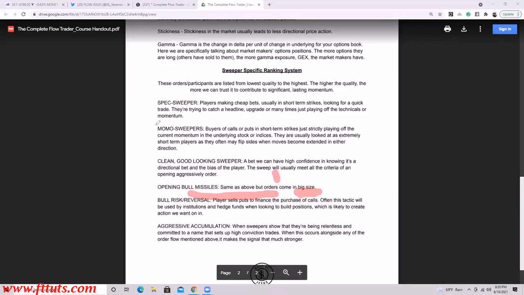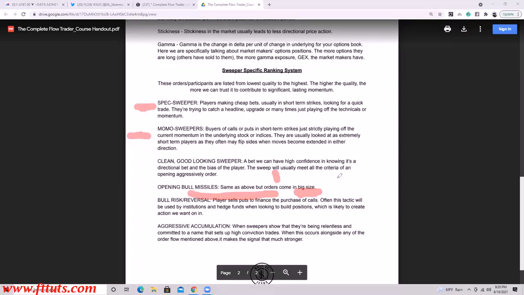So obviously they're not betting on any short-term news or momentum, right? It's not cheap. They're laying some big cash behind it. Especially sometimes you see multiple, like if you guys were around for Micron, the Tepper sweeps, we labeled them, those were bull missiles. Boom, bing, boom, bing, right?